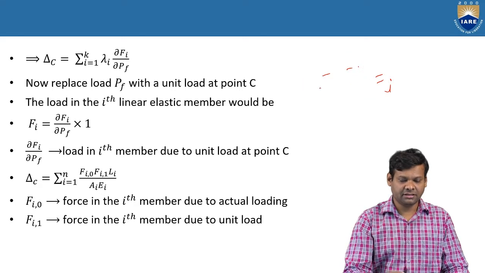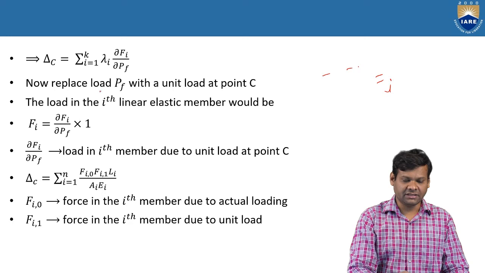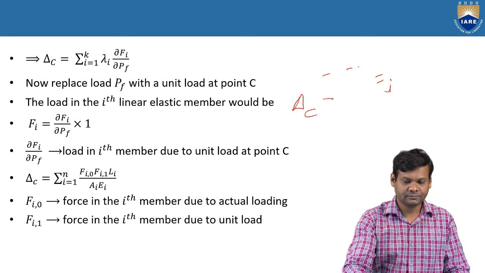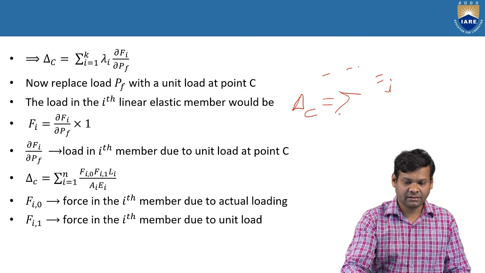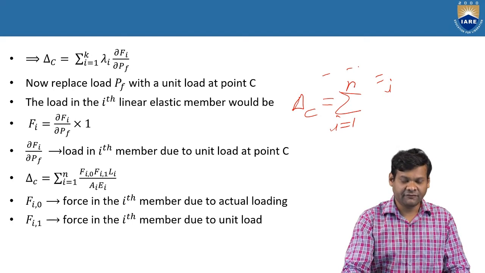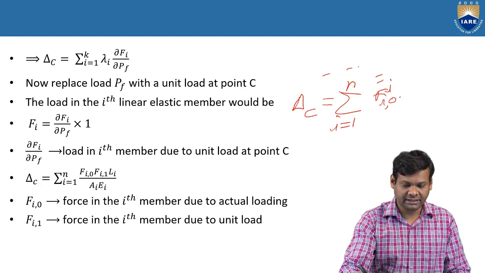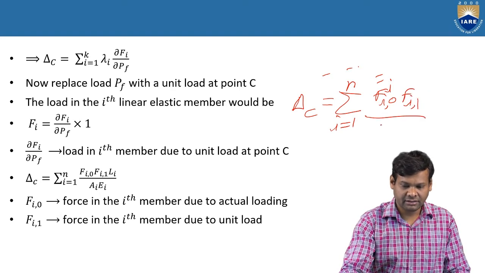When you substitute this Fi in the above equation, what we get is delta C equal to the sum from i equal to 1 to n, where n is the number of elements, of Fi,0 and Fi,1 divided by Ai Ei into Li.